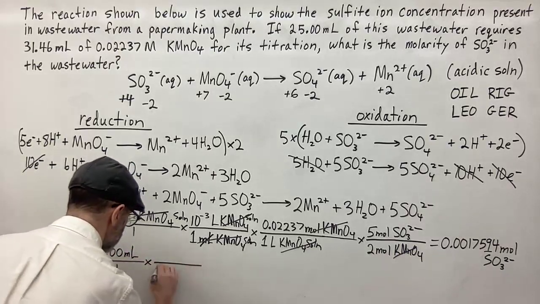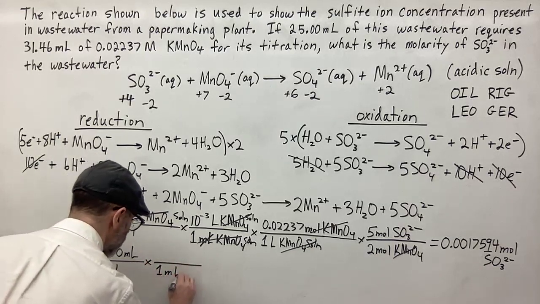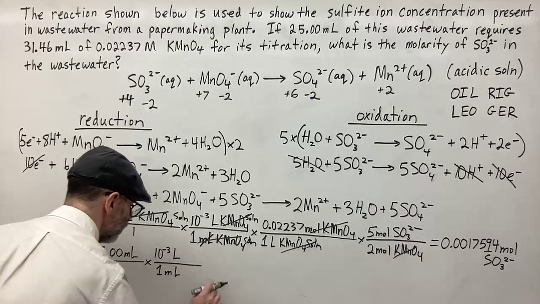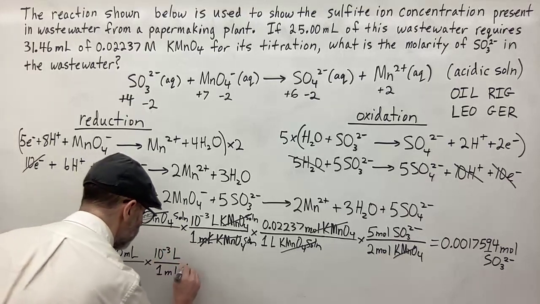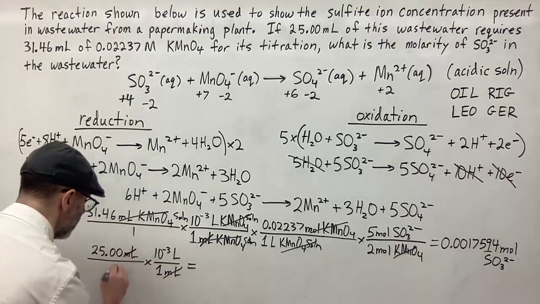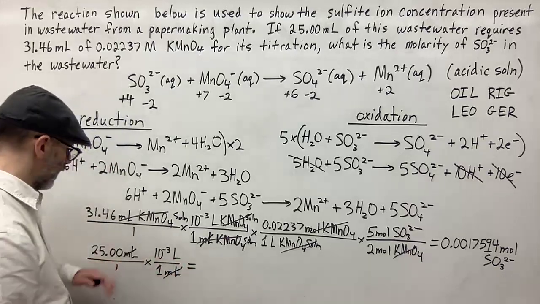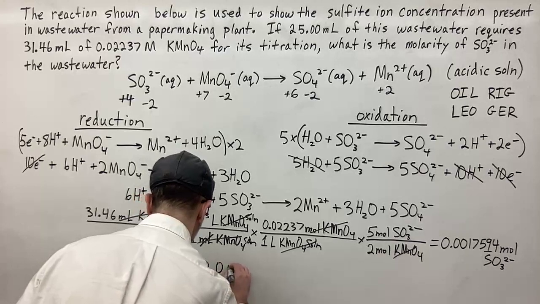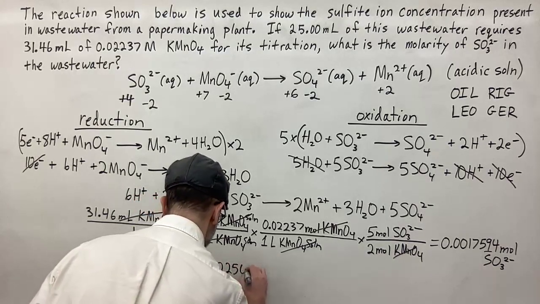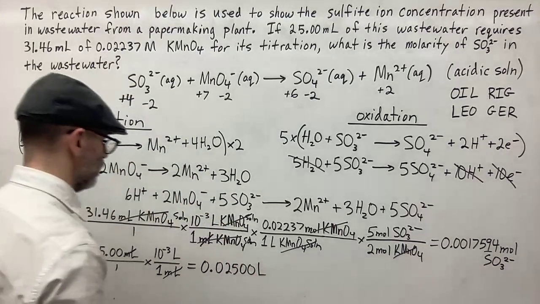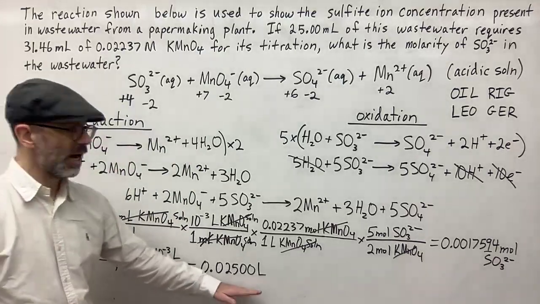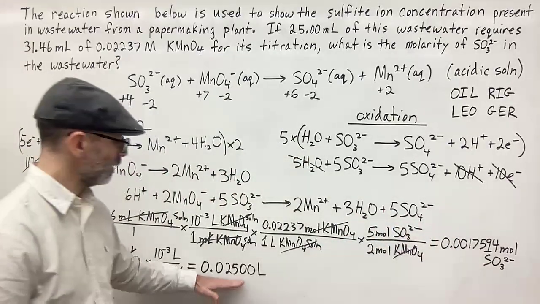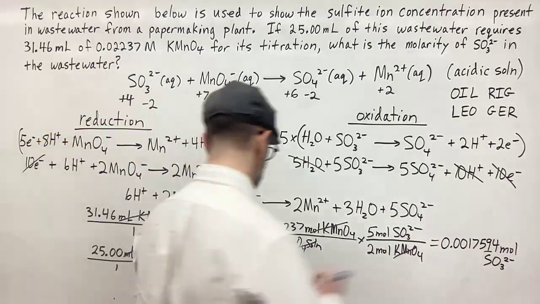Again, 1 milliliter is equal to 10 to the negative 3 liters. And so milliliters are going to cancel out. And then I get 0.02500 liters. So now that I have liters, all I need to do is take the moles divided by the liters, and I get my molarity.